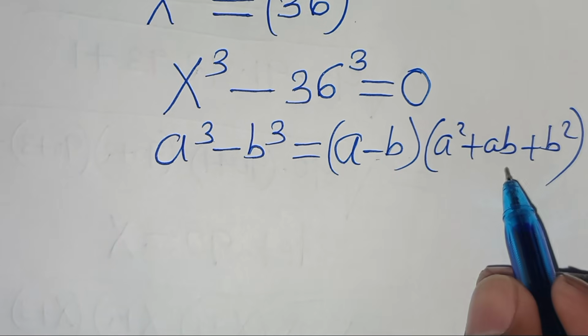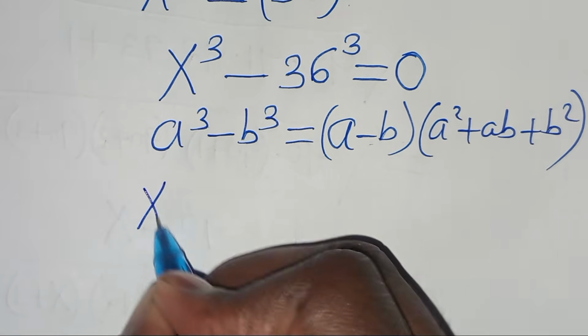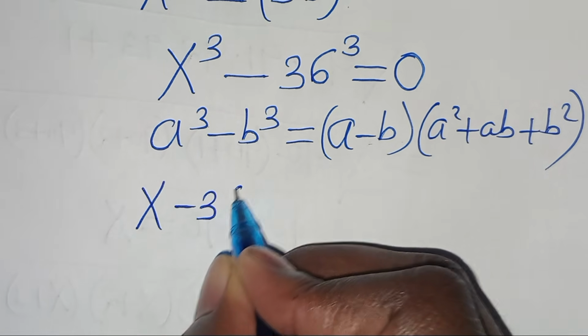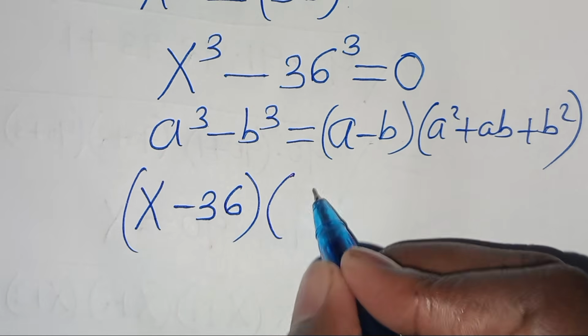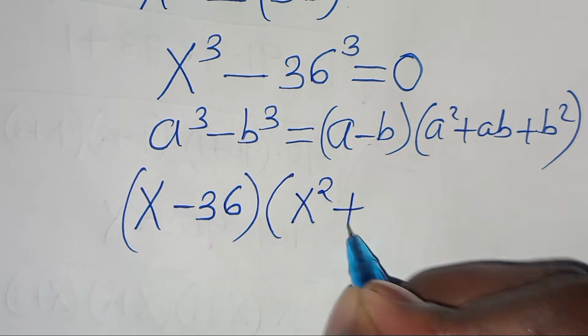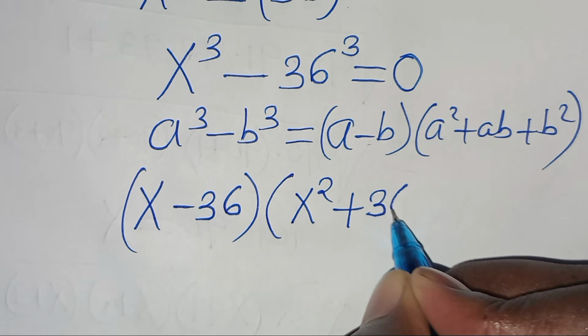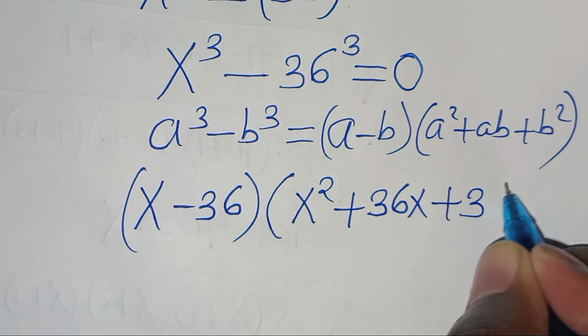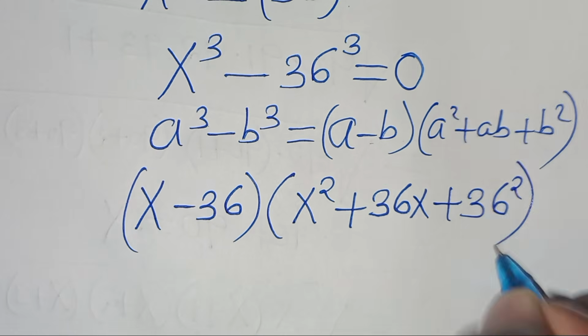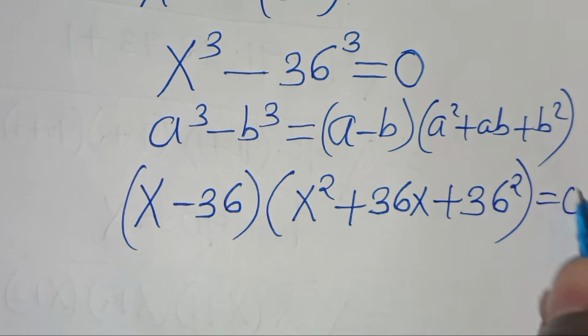Applying this identity, then we have x minus 36, then here we have x to the power of 2 plus 36x, then plus 36 to the power of 2. This is equal to 0.